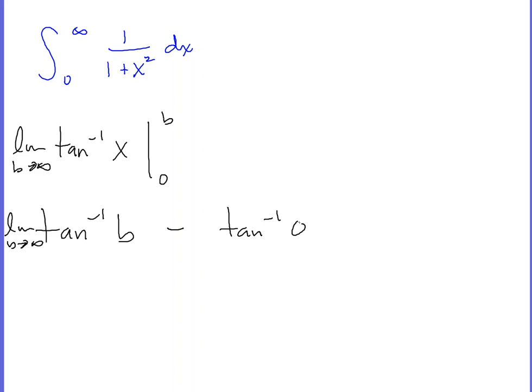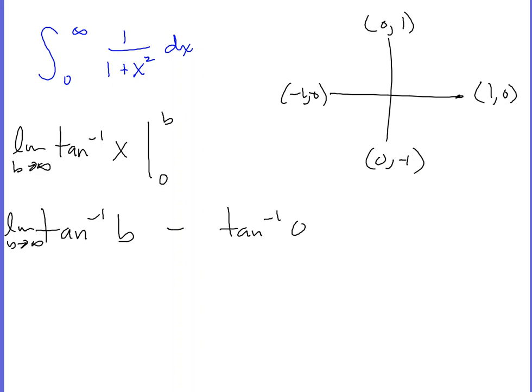we have to think back to the unit circle. So arctangent, that is going to be what angle gives me out that value, so 0. So arctan of 0 on the unit circle is probably going to be one of these points.